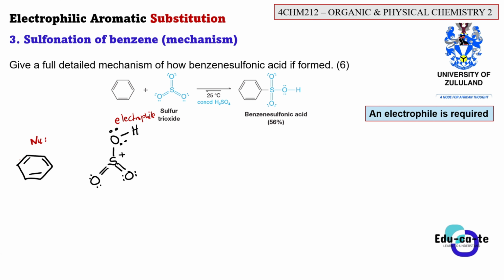So what will happen? Since benzene is a nucleophile, it will use its electrons to attack this sulfur, because a nucleophile always attacks the electrophile using its lone pair of electrons. In this particular case, the benzene ring will use one of its pi electrons, the ones making the double bonds, right? So it will use one of those electrons.